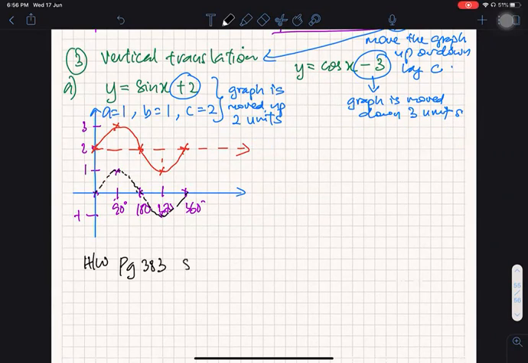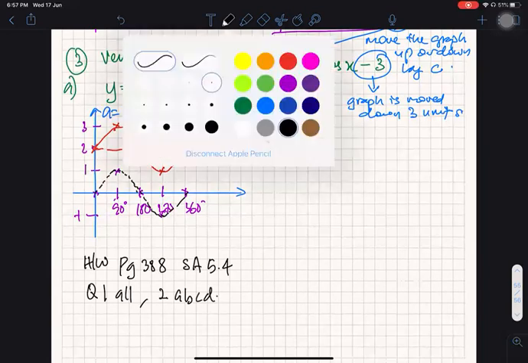Okay, mine is 383. Someone please check what is self-assess 5.4. Question, 388. Okay, thanks. 388. Question 1 and 2, ABCD.